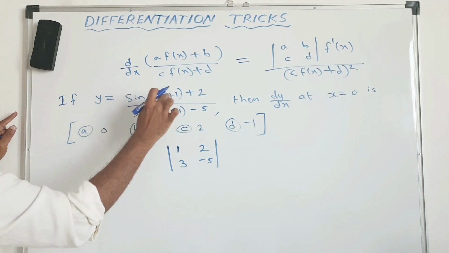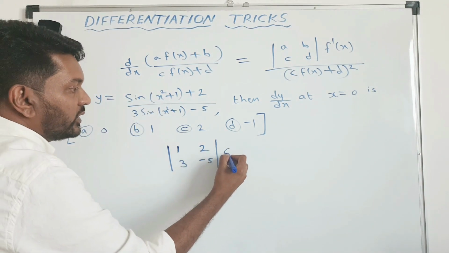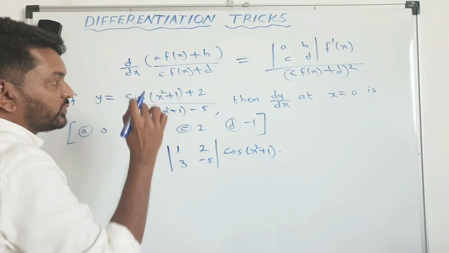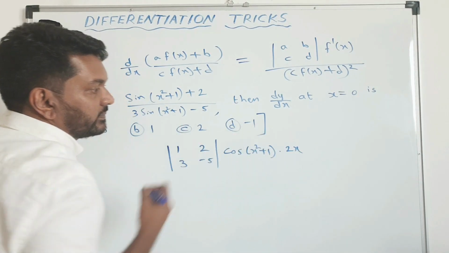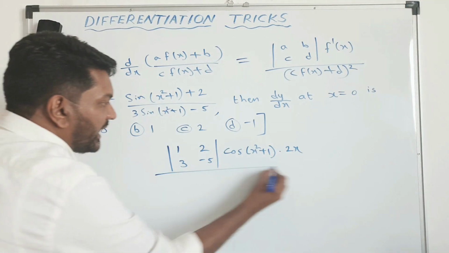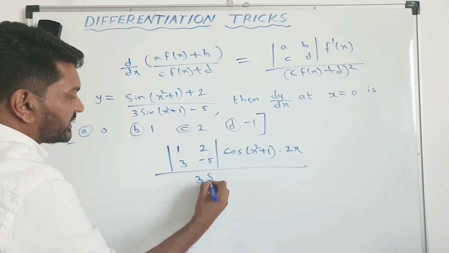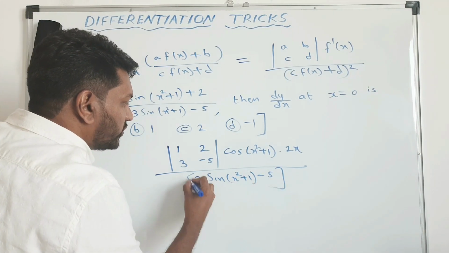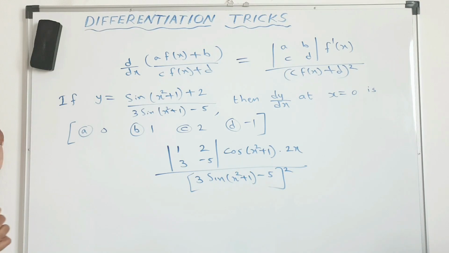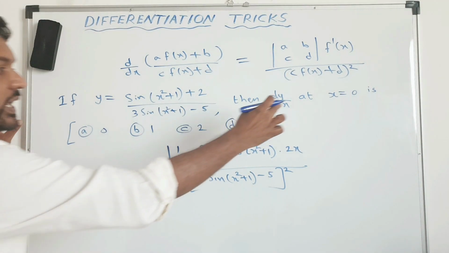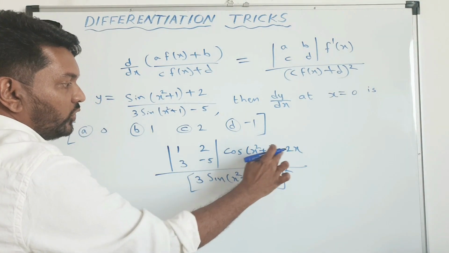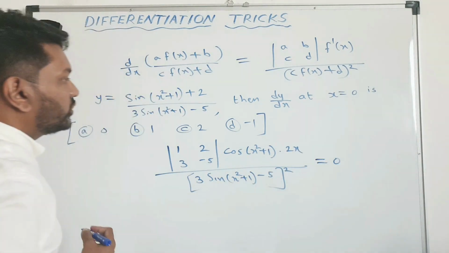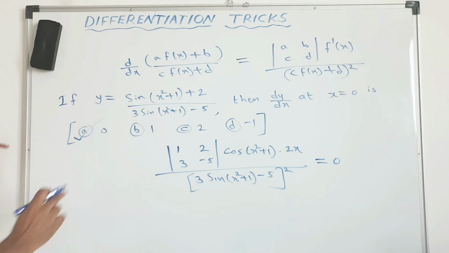Into f dash x, sin of (x square plus 1) derivative is cos of (x square plus 1) into then x square plus 1 derivative, which is 2x, using chain rule, divided by denominator square, which is (3 sin of (x square plus 1) minus 5) the whole square. You don't have to simplify further. Directly substitute x as 0. When you put x as 0, this numerator became 0. So answer is 0. So option A, 0 is our correct answer.